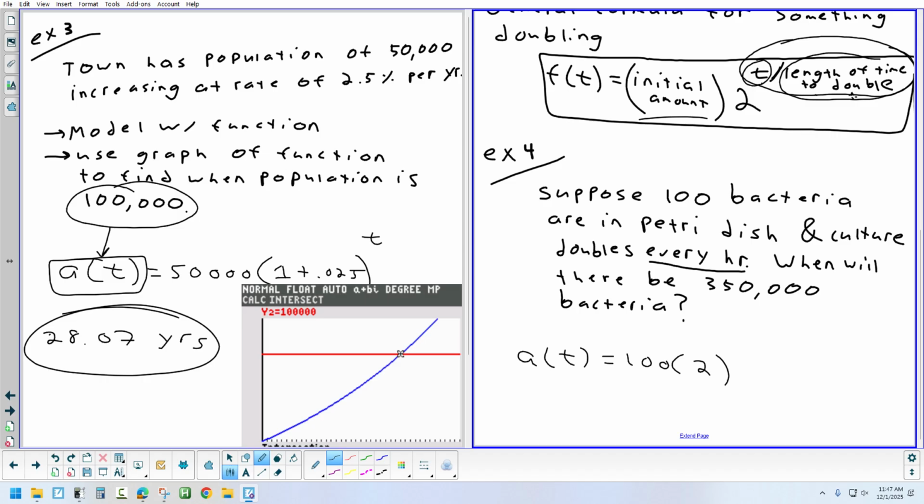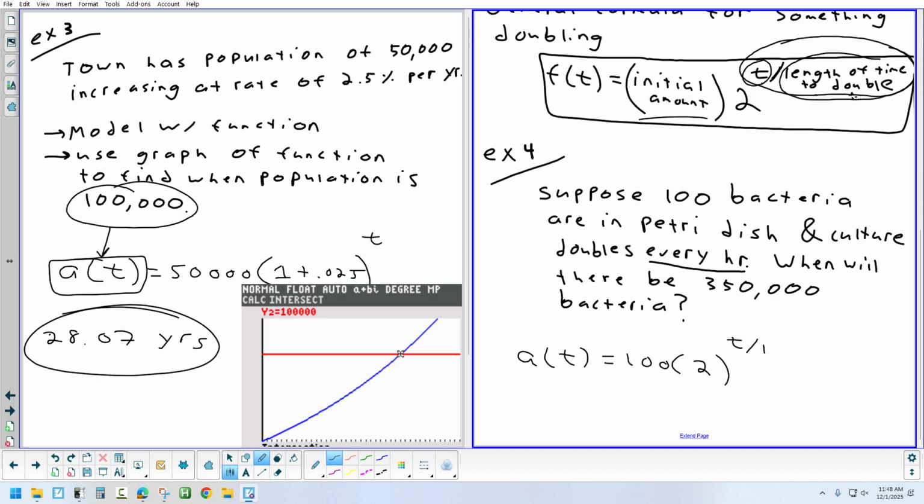T divided by the length of time to double. Yep. Which would be 1, because it's doubling every 1 hour.